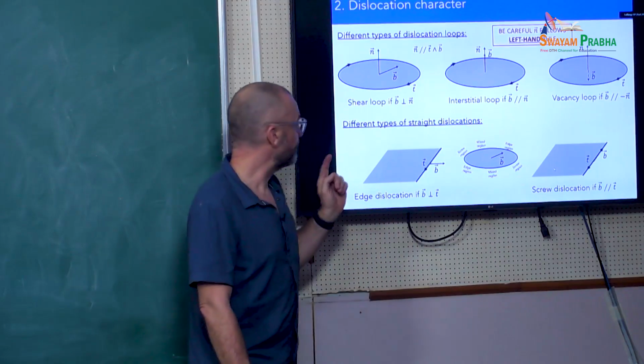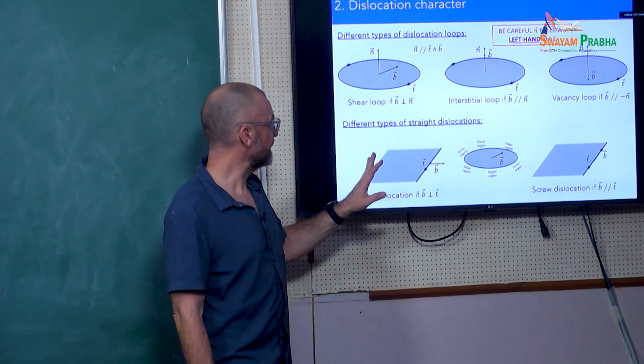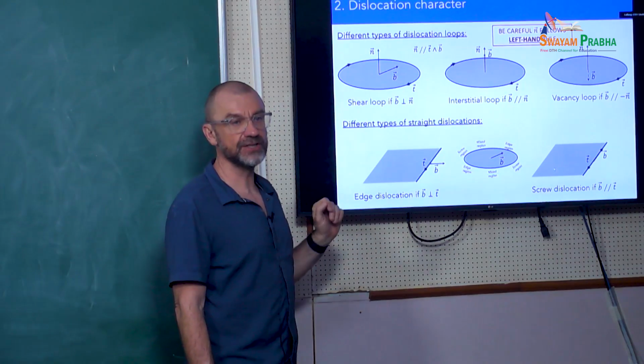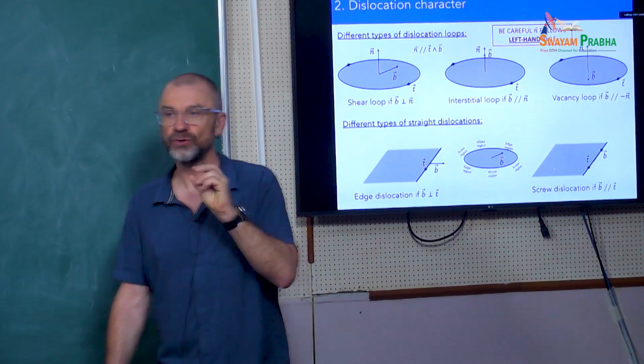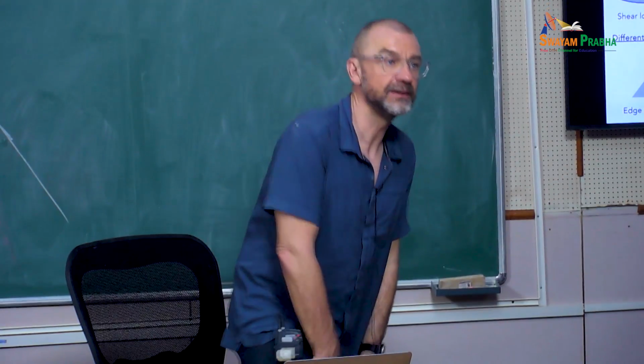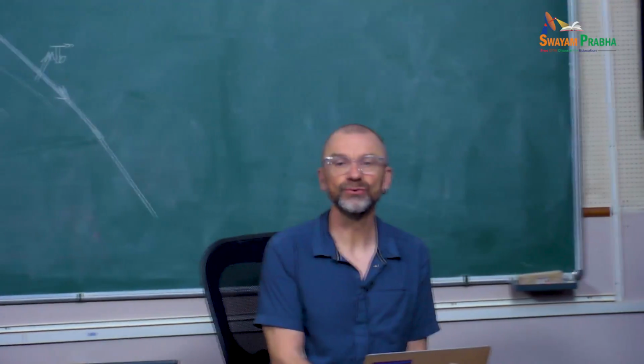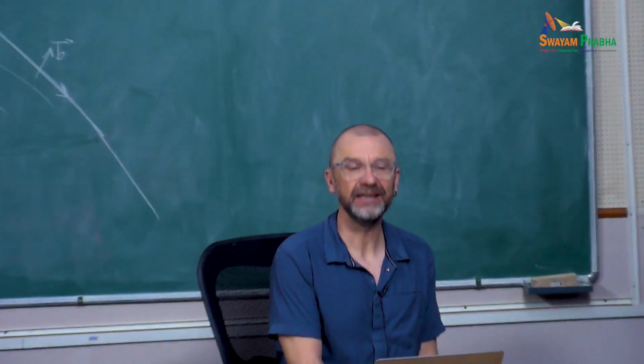Okay. Now, this is related to your question. If you have understood what I said before, to create an edge dislocation, you can do it at least in two different ways with the Volterra solution. If I want to create a straight infinite edge dislocation, I can do it in two different ways. What are they? Yes?